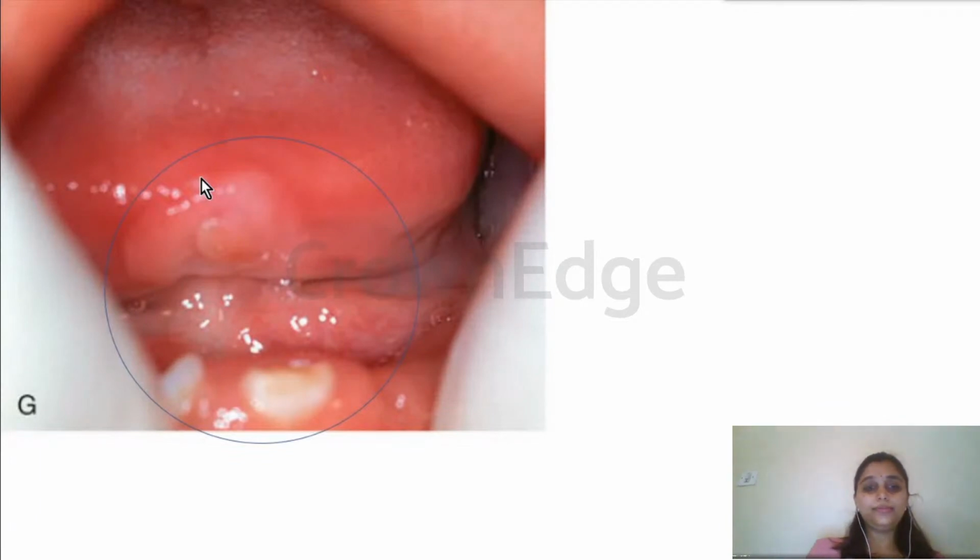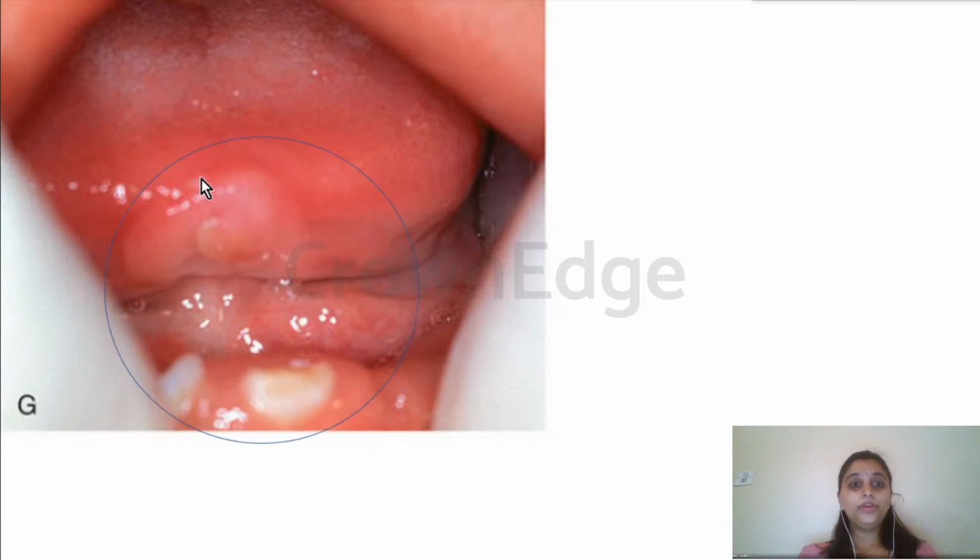Okay, so you have some child probably at the gum pad stage, and you have the mandibular incisor region. But what is more glaring here, or more prominent here, is the presence of a small ulcerated area on the tip of the tongue.